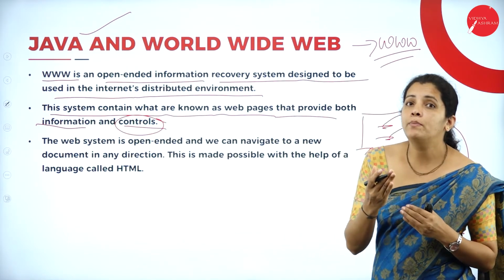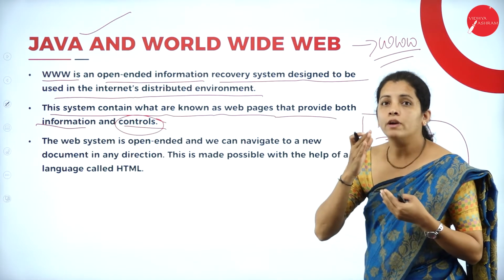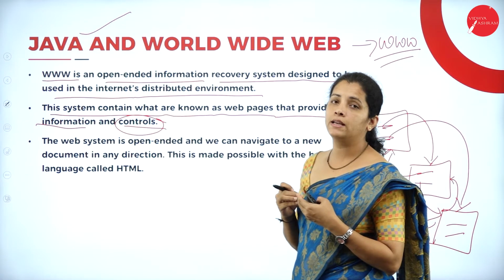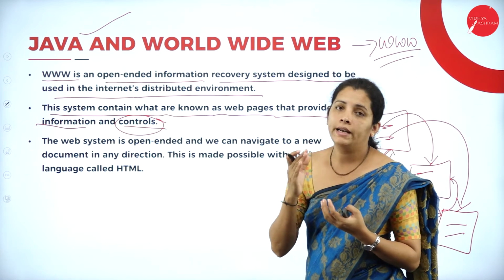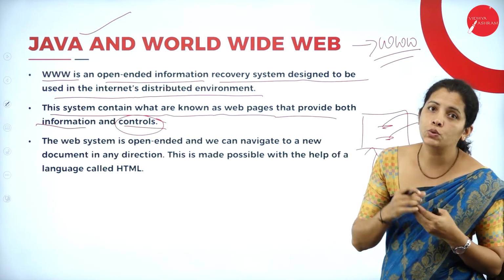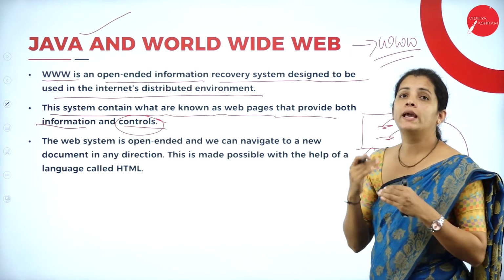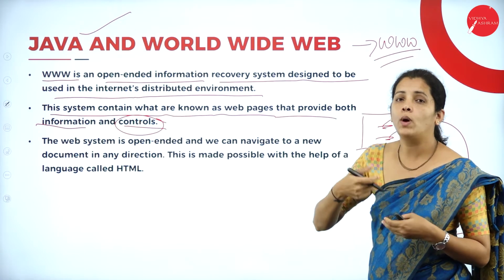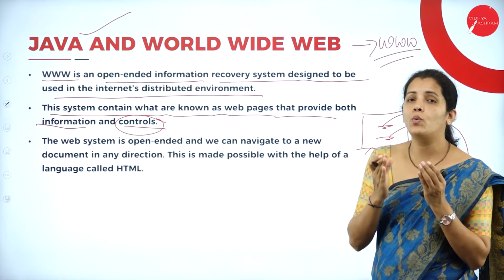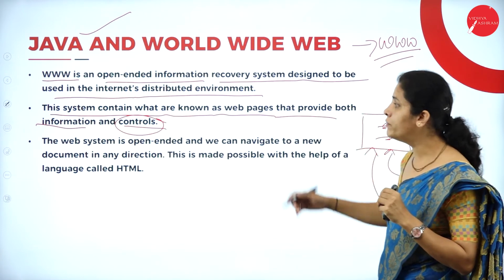And how can we provide the navigation here? We are going to use the HTML programming language. So what is HTML? That is nothing but hypertext markup programming language, and it is especially used to design web pages. With the help of HTML, we can provide the link. So what is a link? Here a link is nothing but the hyperlink. That means I'm going to provide the navigation from one page to another with the help of links.